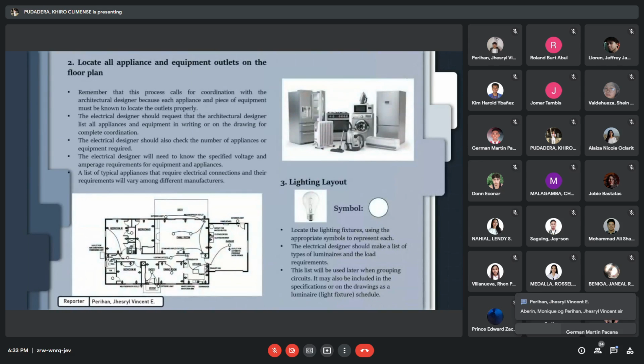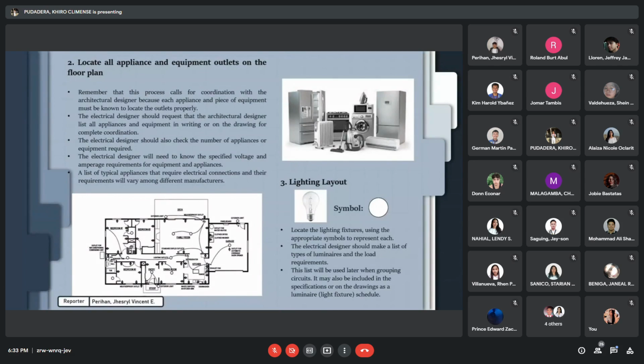Number 2, locate all appliance and equipment outlets on the floor plan. First thing we need to remember is that this process calls for coordination with the architectural designer, because each appliance and piece of equipment must be known to locate the outlets properly. The electrical designer should request that the architectural designer list all appliances and equipment in writing or on drawing for complete coordination.